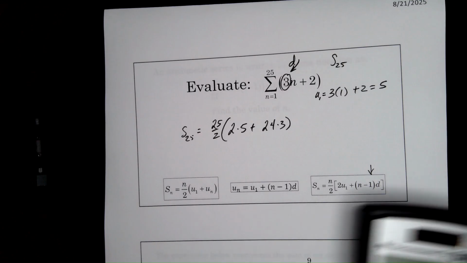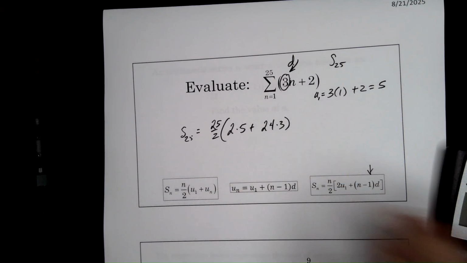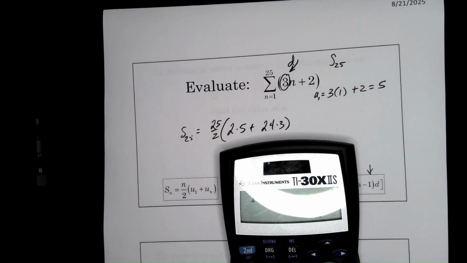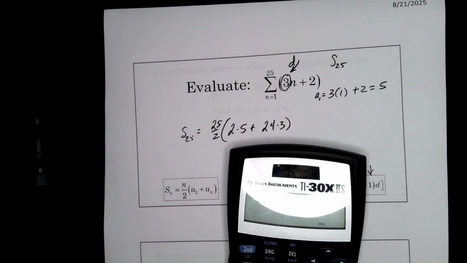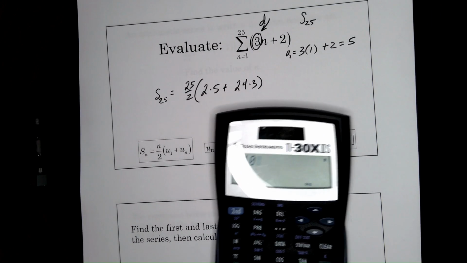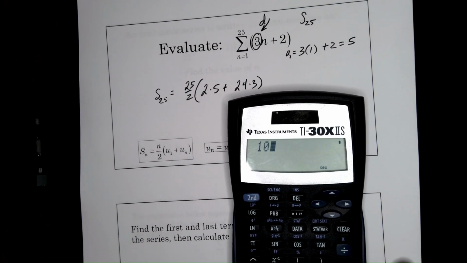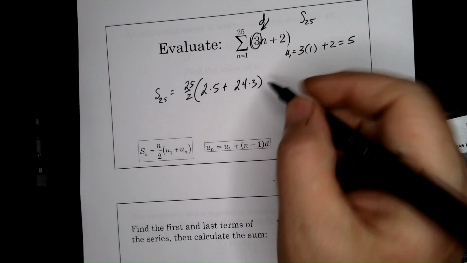Let's see. We'll get our calculator out here. So 10. Let's see. Can you see it there? Yeah, there you go. So 10 plus 24 times 3 equals, divided by 2 equals, times 25 equals 1025.